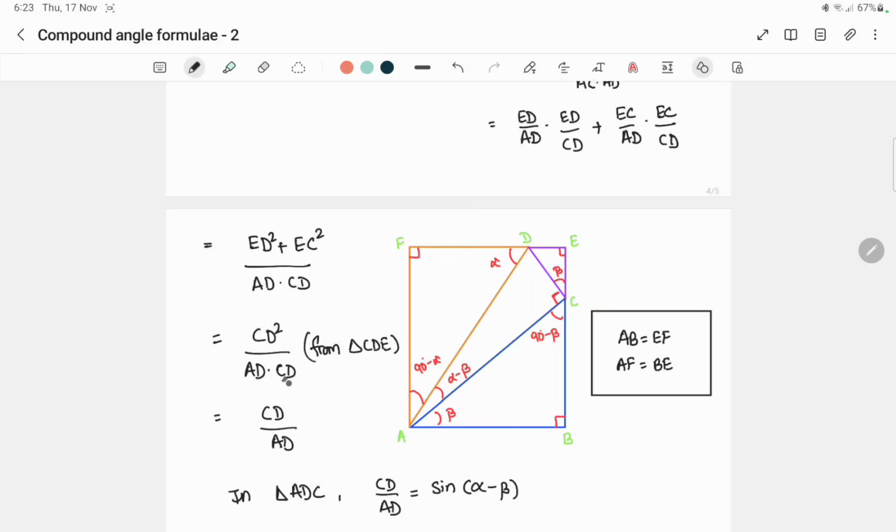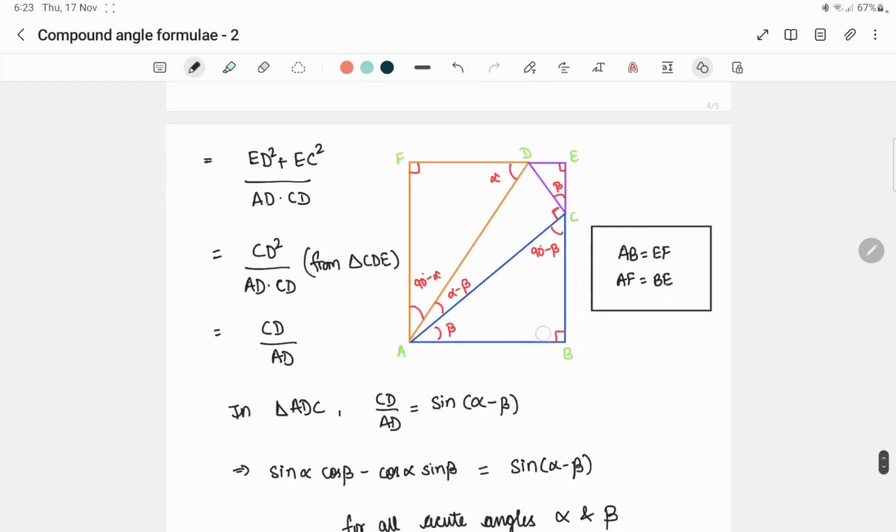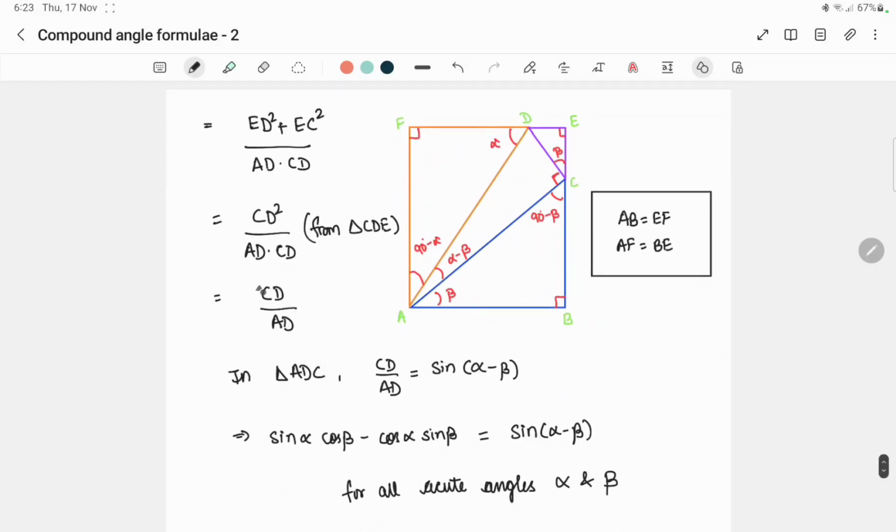We have CD squared. Now we can cancel this CD, and we will be left with one CD. Now CD by AD, observe this carefully. We have CD by AD, and if you take this triangle ADC, CD by AD is nothing but sine of alpha minus beta, right?